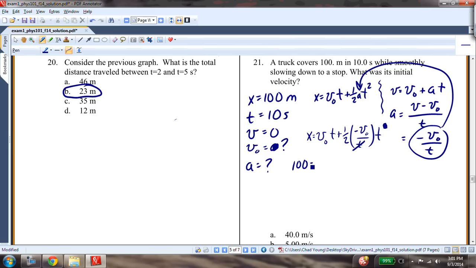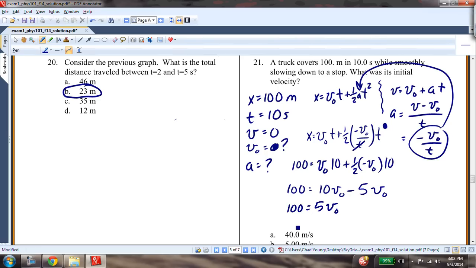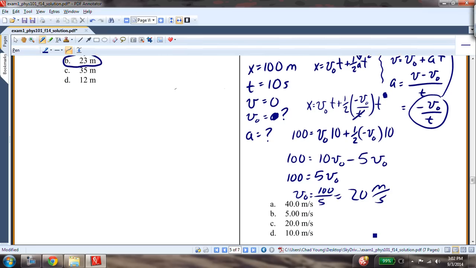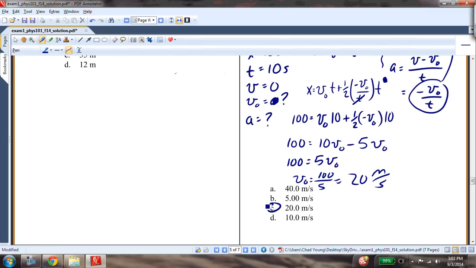So I have 100 equals v naught times 10 plus 1/2 of negative v naught times 10. 100 equals 10 v naught minus 5 v naught. So v naught is 20 meters per second. So 21 is C, the right answer.